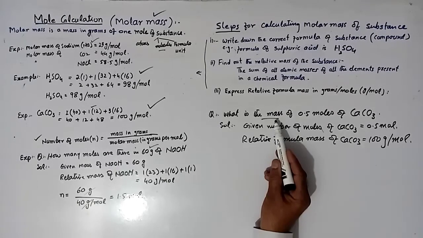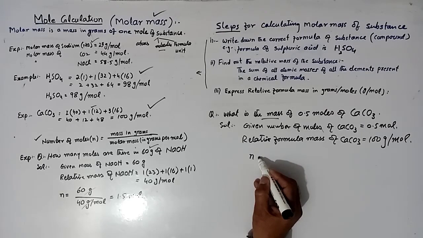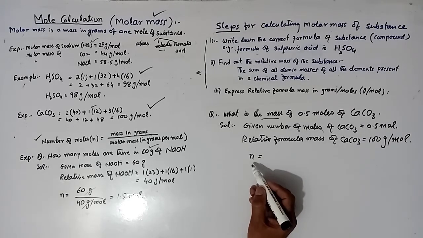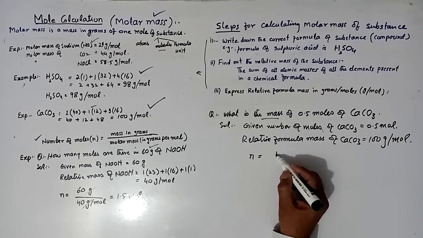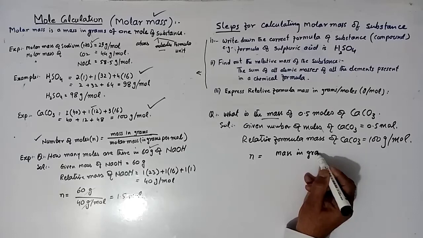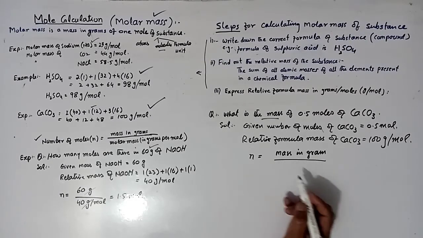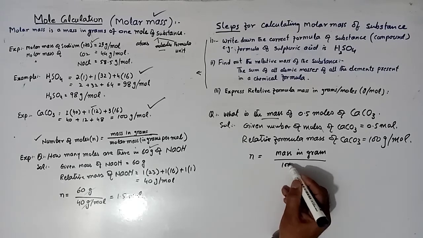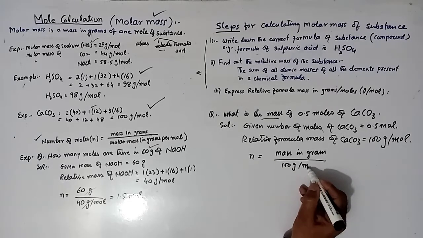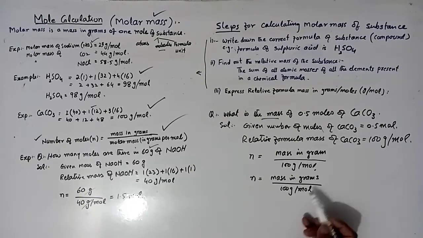To find out the mass of calcium carbonate, we use the formula n is equal to mass in gram divided by 100 grams per mole.